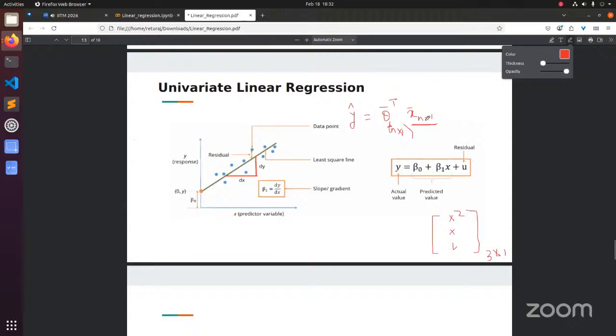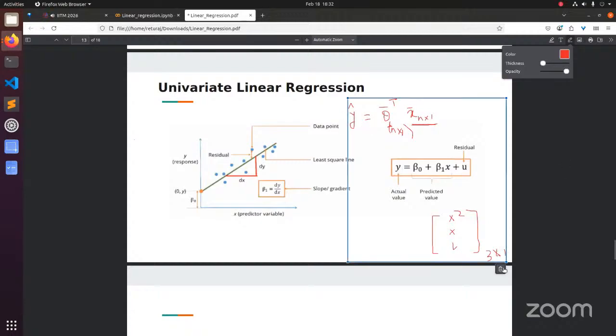So if it's n cross 1, it's an n minus 1 degree polynomial. This vector transpose this vector will become a scalar, so theta transpose x is y prediction.